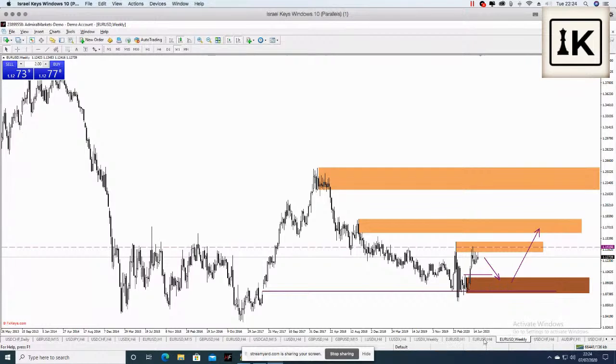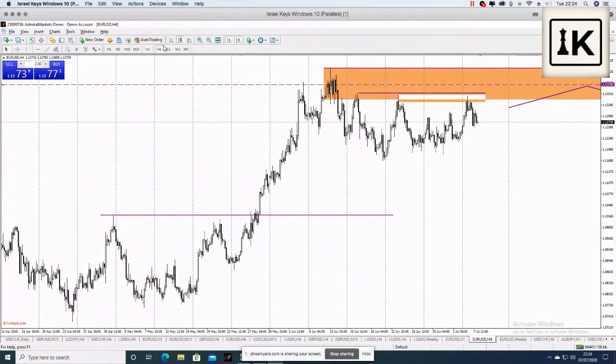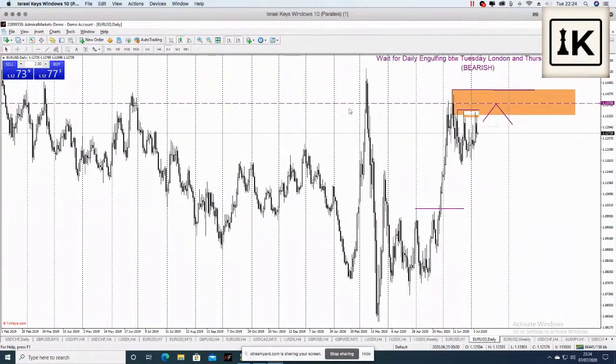Then I drop down to a daily time frame and I do the same. Pivot point. So I'm expecting price to get there, or I thought it might get there initially because of this pivot point here. If it doesn't, that's fine. Look at this level here. Look at where price formed this high this week.